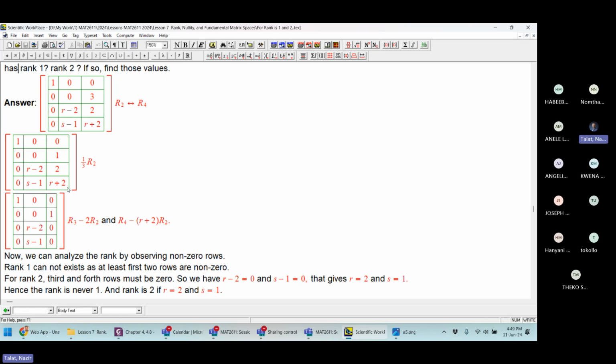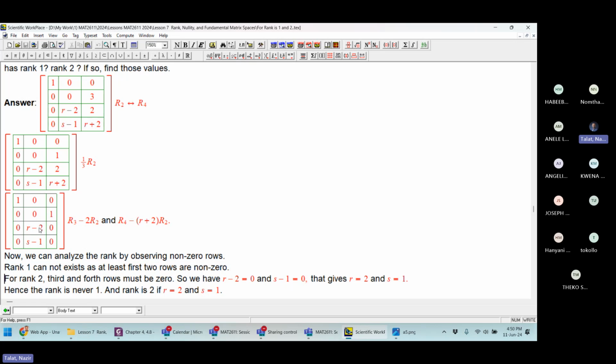Here it is mentioned that rank 1 cannot exist because it has at least two rows that are non-zero. And for rank 2, there are two non-zero rows, and the other rows are 0.